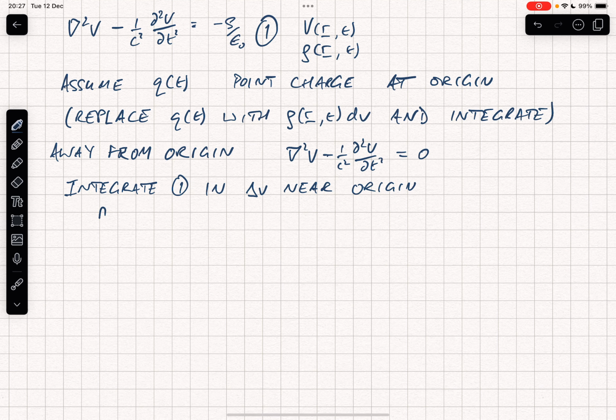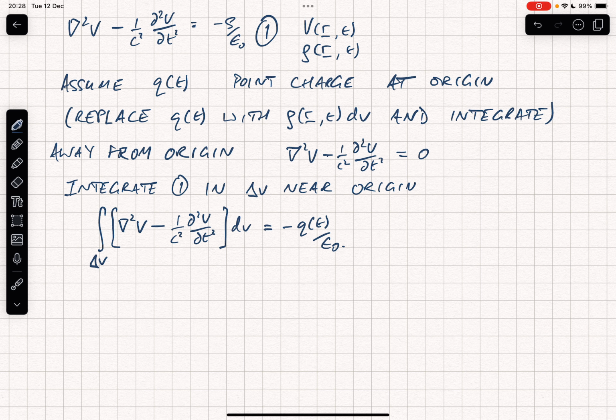We've got the integral around delta V of del squared V minus 1 over c squared d2V by dt squared, that's the integrand, dV, is going to equal, and now we need the integral of rho, which is minus q of t divided by epsilon naught. So that's something that we just need to keep in mind. That's equation 2, and we're going to have to satisfy that at some point.